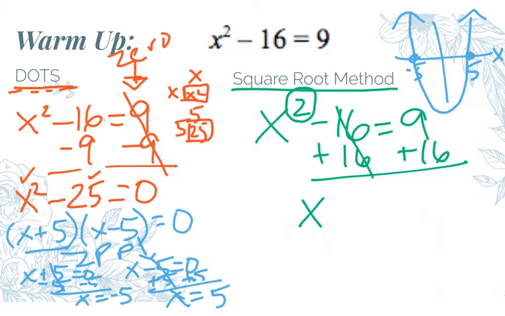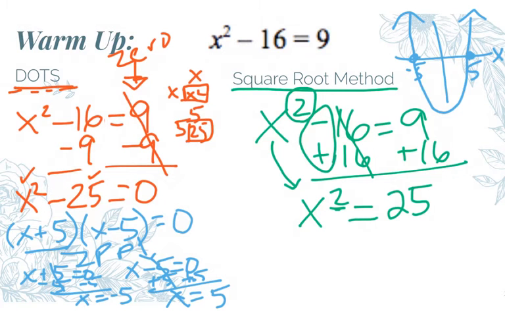And I've got x squared equals 25. Now, I'm just going to do the square root to both sides, because remember, the squared and the square root undo each other, just like subtraction and addition, or multiplication and division.